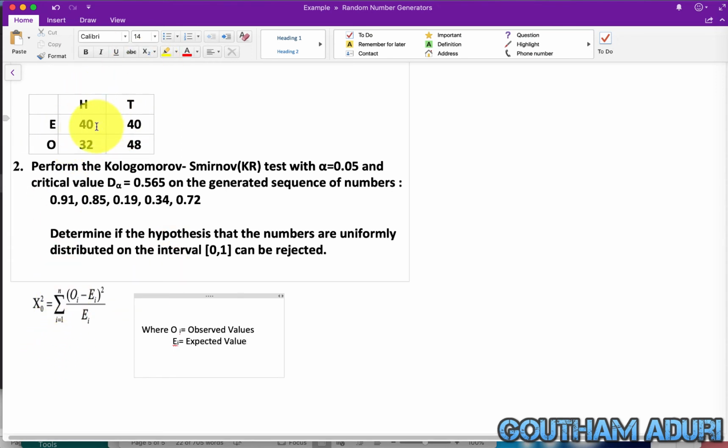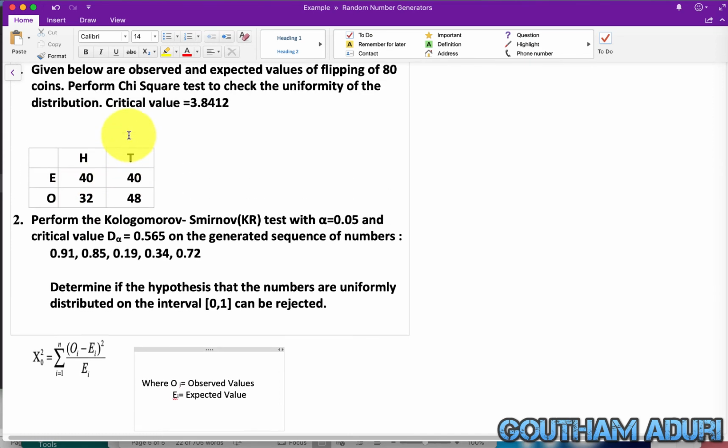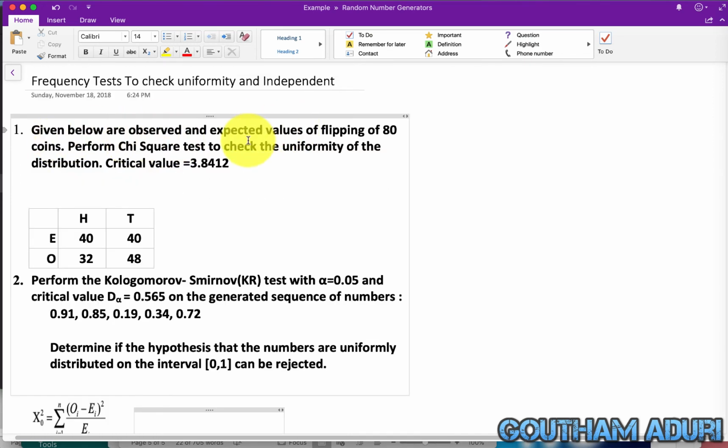So we have two events here, heads and tails. Given below are the observed and expected values of flipping 80 coins; perform chi-square to check the uniformity of distribution.